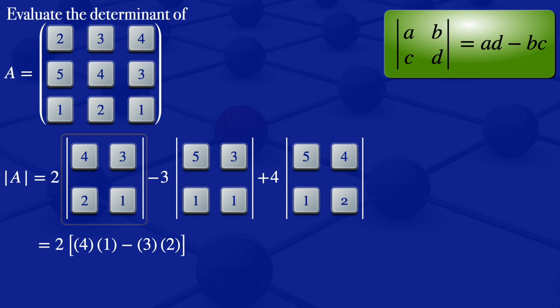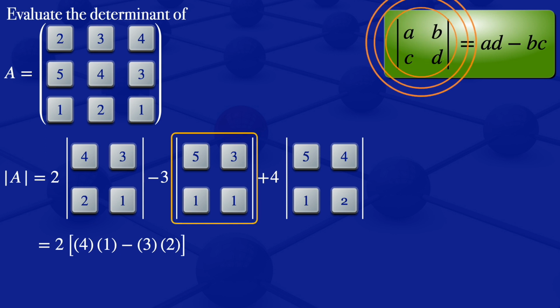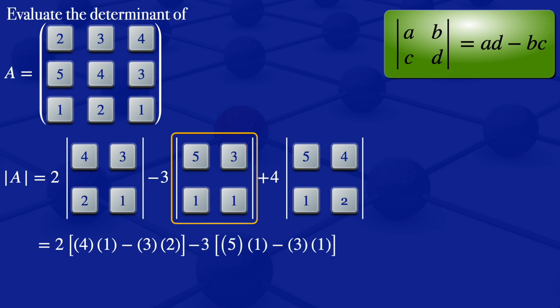I now go on to the next determinant, this one here. We're using this formula here. It says that we take the product of these 2 elements, subtract the product of these 2 elements. So our result there will be minus 3 times [5 times 1 minus 3 times 1]. I'll go on to the next determinant, this one here.